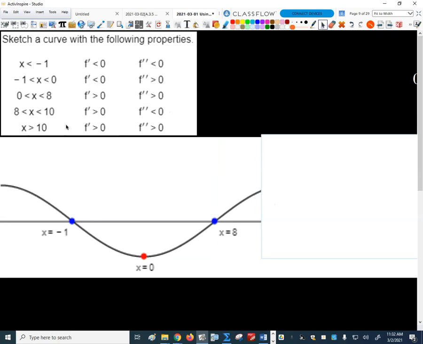And then finally, what's happening at 10 here? At 10, the first derivative is remaining positive, so it continues to increase, but the concavity is shifting from negative to positive. So what's happening at 10?